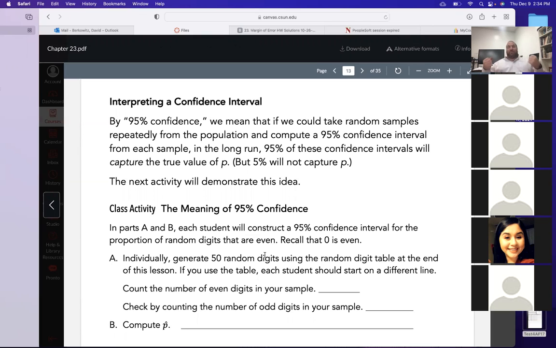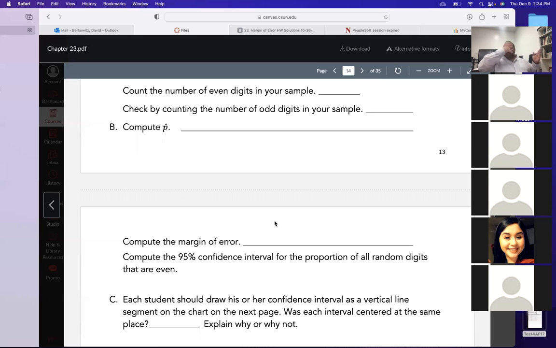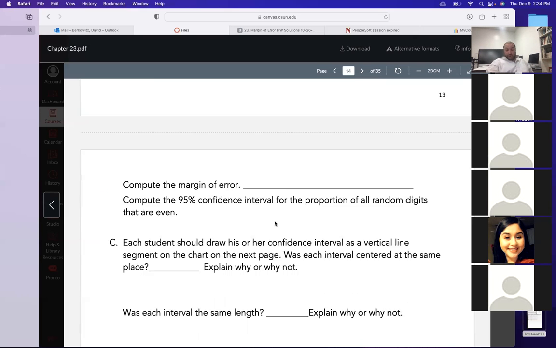That's what we mean by we're 95% confident that we caught it. 95% of our confidence intervals will contain the true value, whatever that value might actually be. Although, of course, we interpret it by saying that we're 95% confident that we caught it.